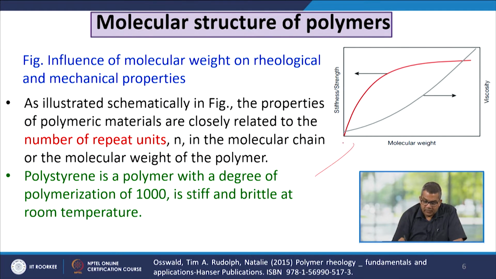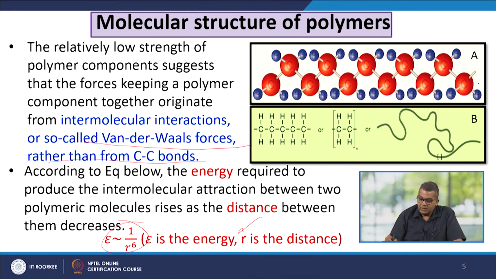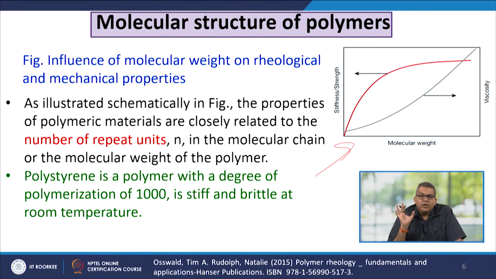Now this figure shows the influence of molecular weight on rheological and mechanical properties. The properties of the polymeric material are closely related to the number of repeat units n. Like here, you see that these are the number of repeat units. The molecular weight of the polymer is directly proportional to the number of repeat units or number of chains.